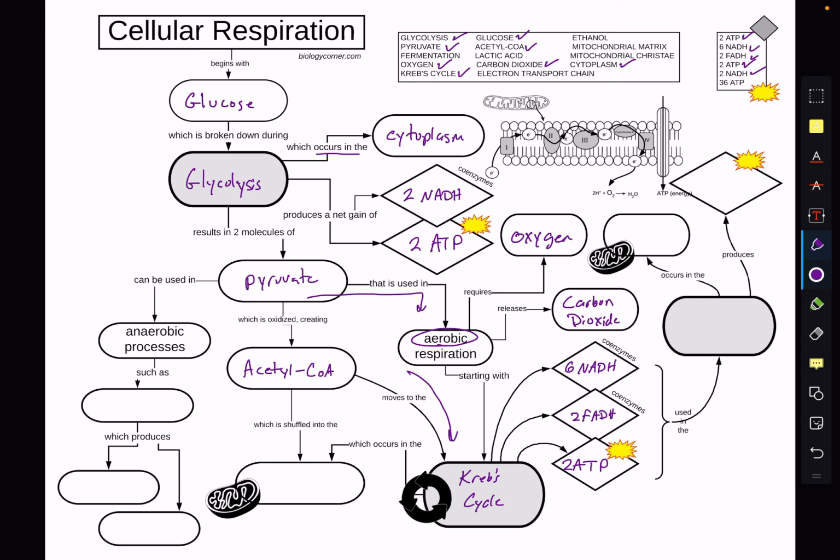All of these products, a little bit of ATP and FADH and NADH, all go into the electron transport chain, or ETC. This happens in the mitochondrial matrix. For our purposes of our course, we're just going to say mitochondria.